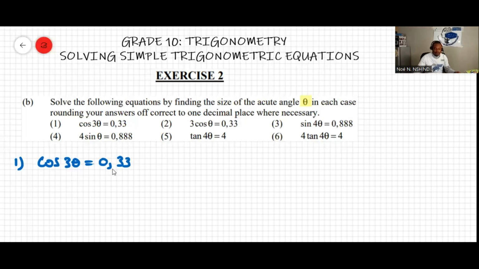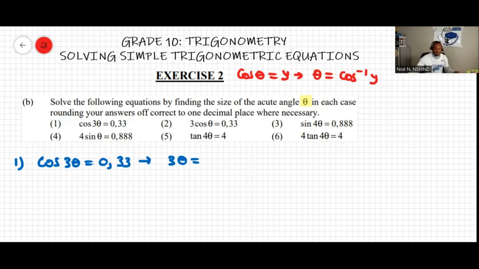As we did in question A, I can call this a formula: if cos of an angle theta equals y, this simply means that theta will be equal to cos minus 1 of y, and the same for all the trig formulas.